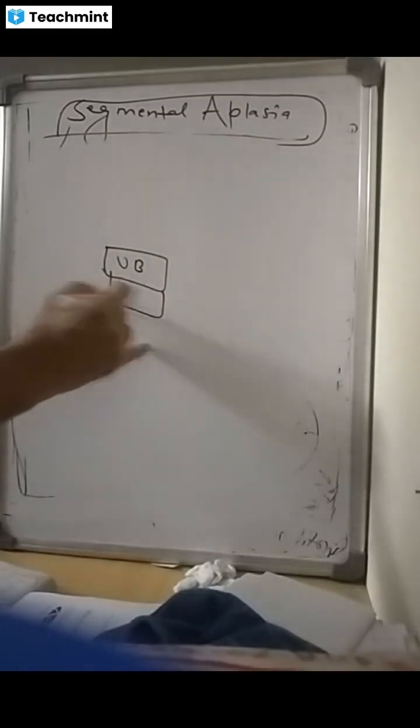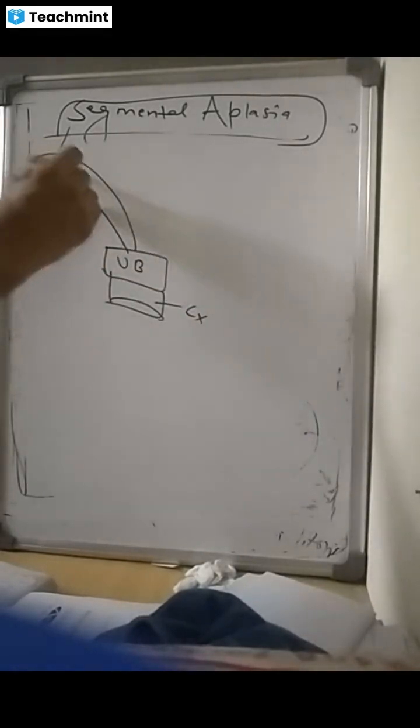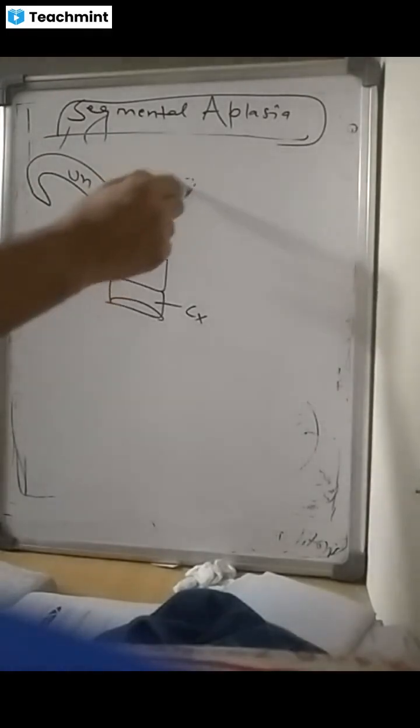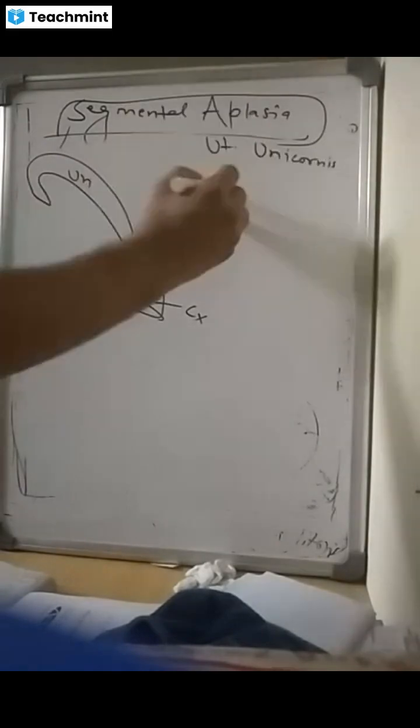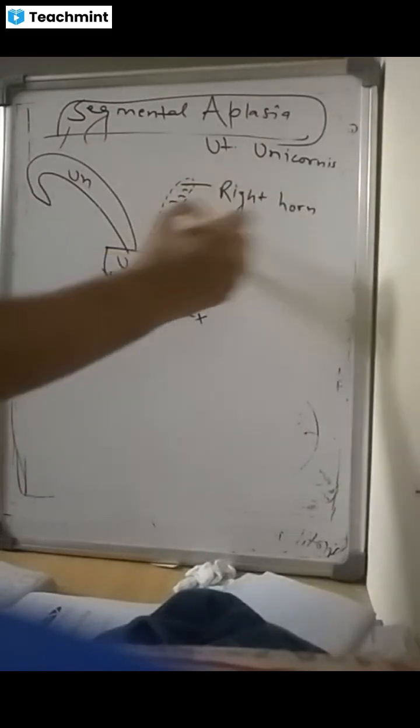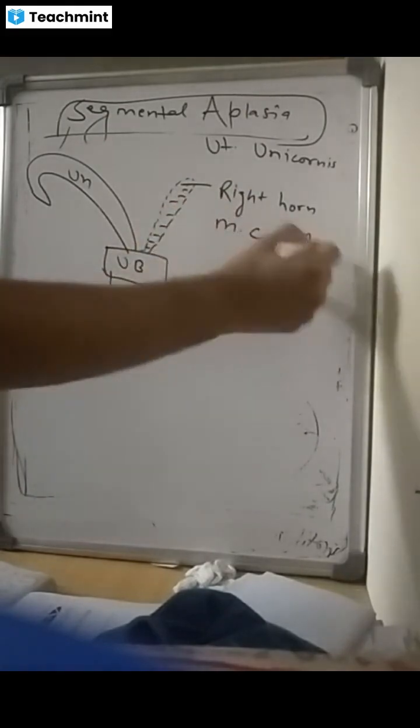This is the uterine body and this is the cervix. This horn, in case of the uterus, is affected.